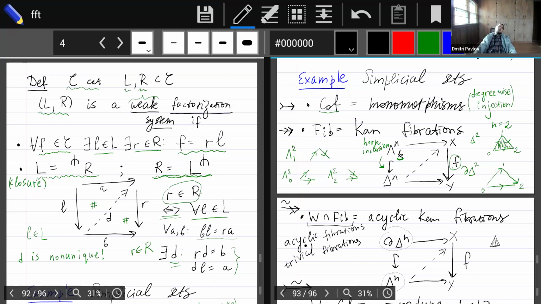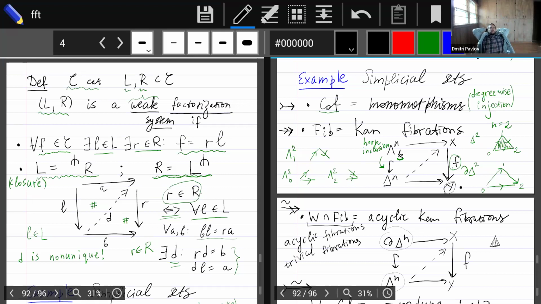Perhaps one thing to mention is that fibers of fibrations are well behaved, in the sense that if you pick an arbitrary point in Y, an arbitrary zero simplex, and extract the fiber of this map, so basically all the stuff that maps to this vertex, this fiber will be well behaved. One way to express it is to say that the map from this fiber to the homotopy fiber will be a weak equivalence.